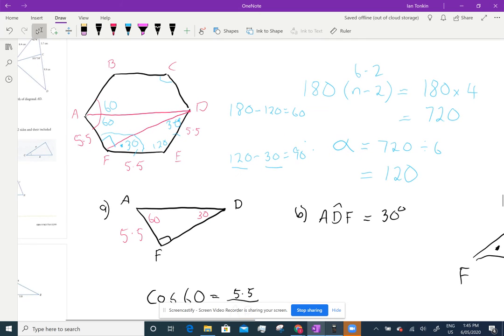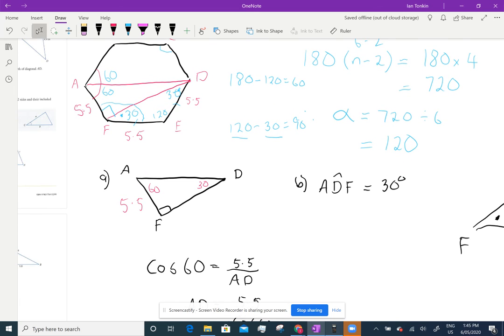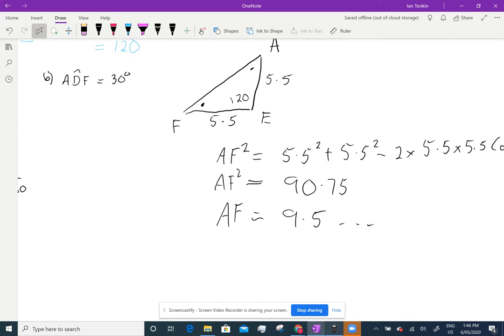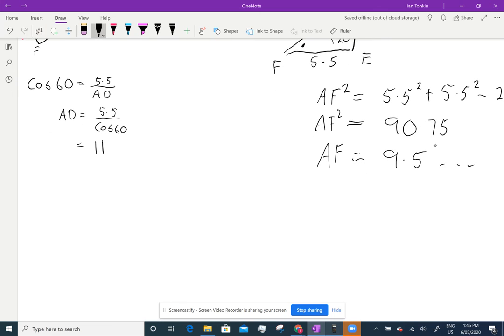Can't see any other way of doing it. Once I've got that, which is 9.5 dot dot dot, and if I now look at the triangle, that's A, and that's D, and that's F, and that's 9.5 dot dot dot, that's 5.5, and I'm trying to find this side.